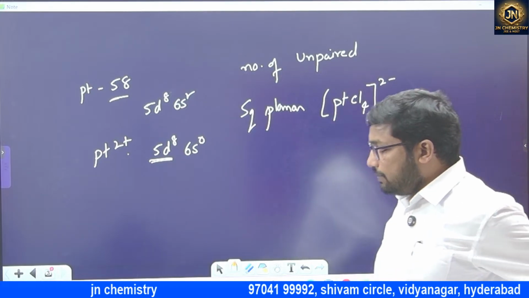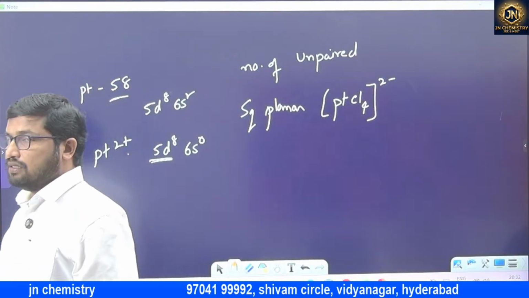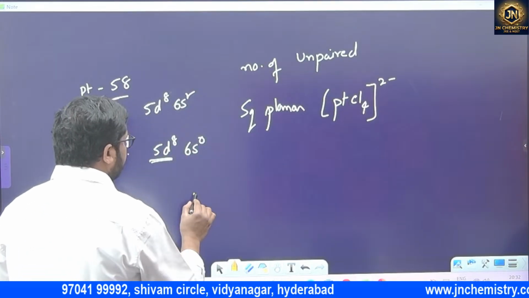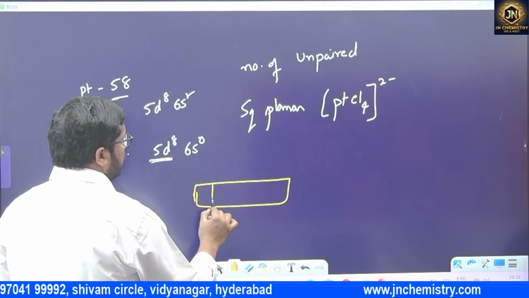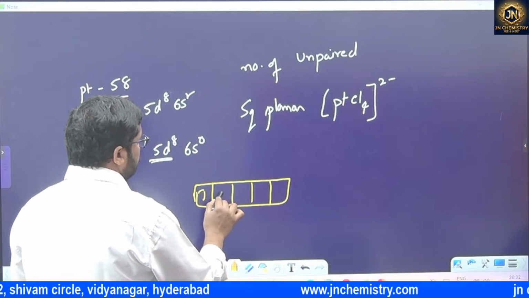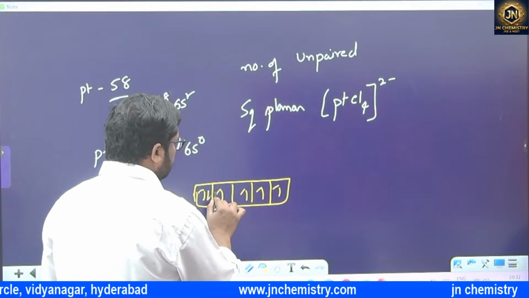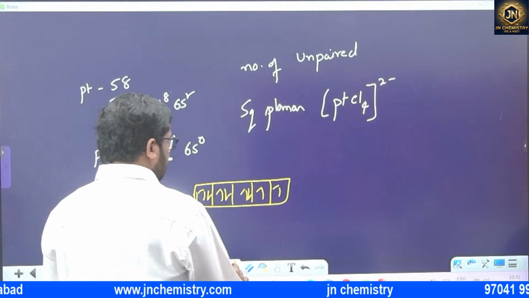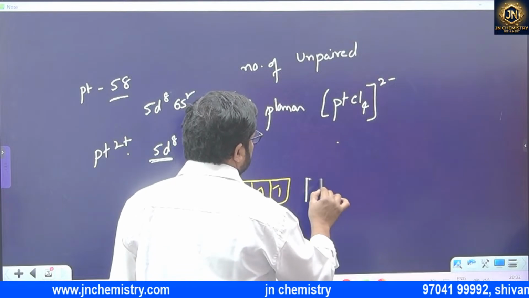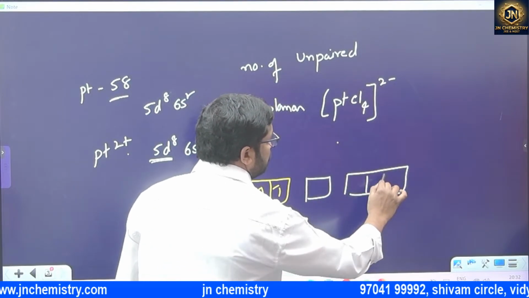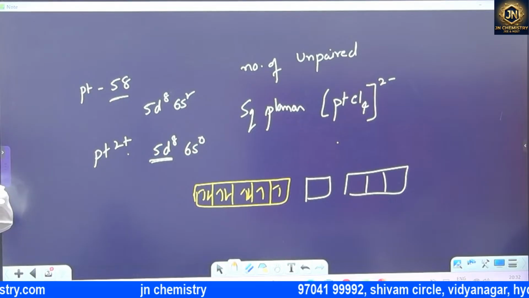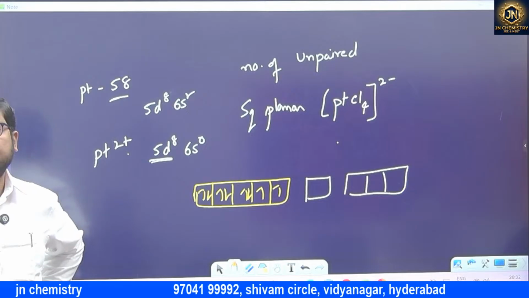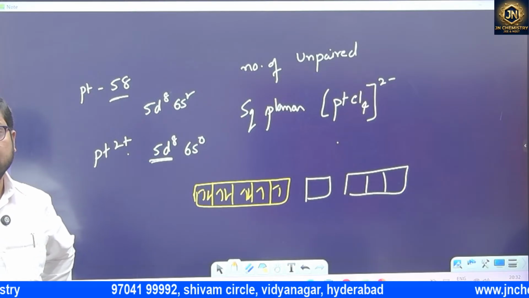Here I'm only telling that this is a square planar complex. So how many unpaired electrons? 1 2 3... For a square planar complex, what would the hybridization be? dsp2.